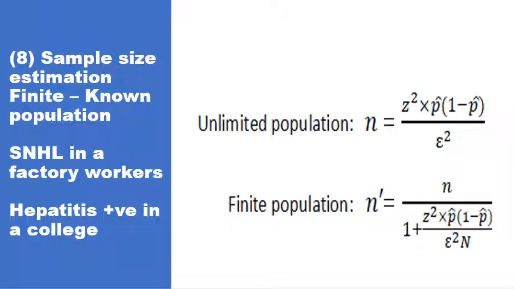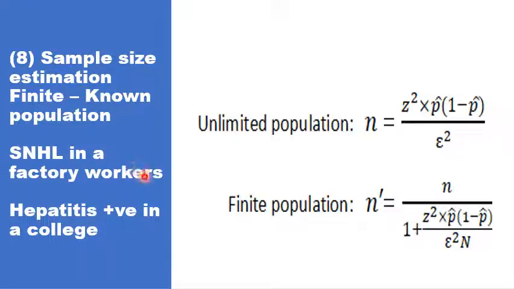We've been through formulas for different scenarios in which the population was not known or was deemed to be infinite or very high. This is a new scenario where we know the number of the population. Say we are setting up a study to find the proportion, the percentage, of workers in a factory who have developed sensorineural hearing loss.